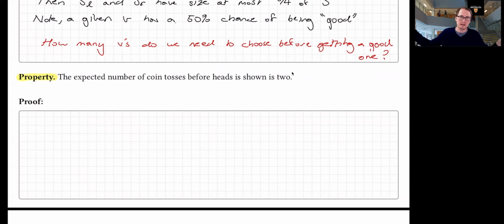And you get this infinite sum. If you evaluate it, it will come out as 2. But I can give you a clever argument as well that doesn't even require us to evaluate a sum.